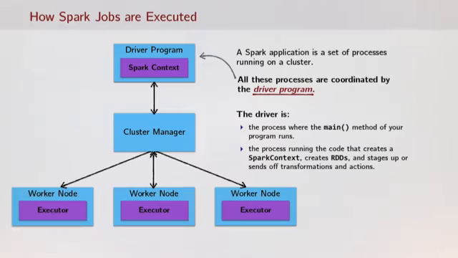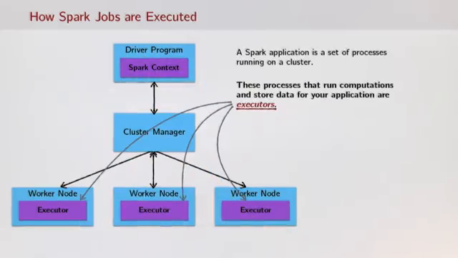And it's important to remember that the driver is where the main method of your program runs, and the process running the code that creates the Spark context, creates RDDs, and stages up and sends off transformations and actions, all lives here on this driver node. So the driver program is really the brains of your Spark job.